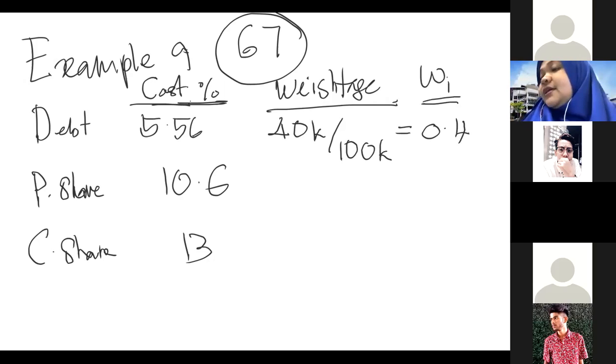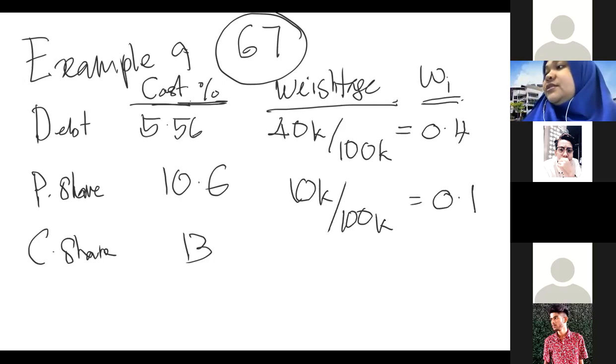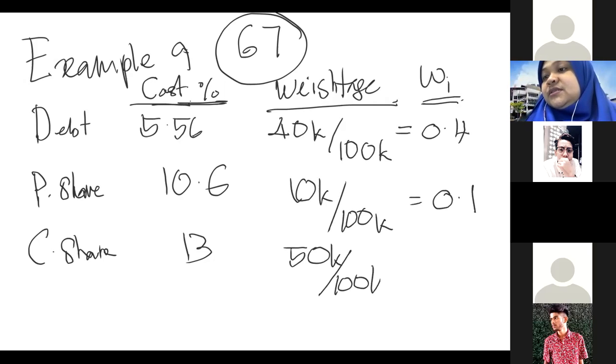Preferred share is 10,000 divided by 100,000. It's equal to 0.1. Common share is 50,000 divided by 100,000. It's equal to 0.5.